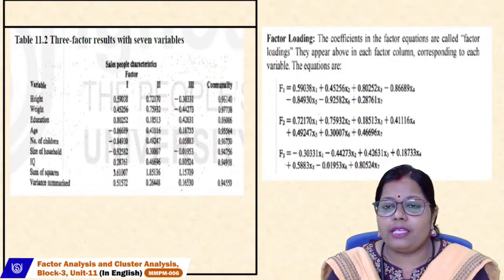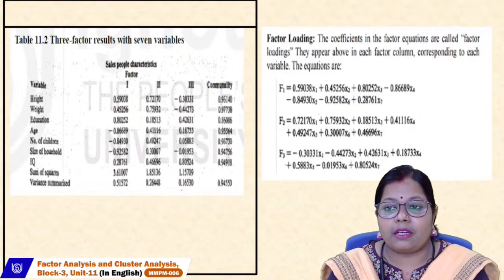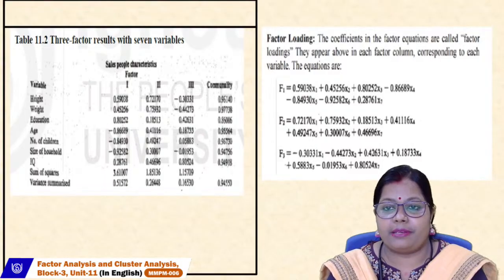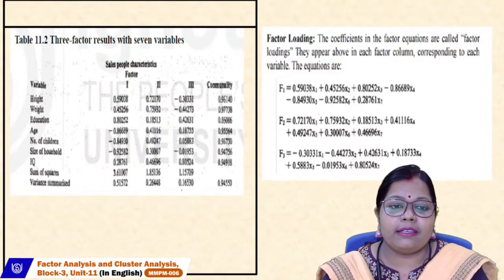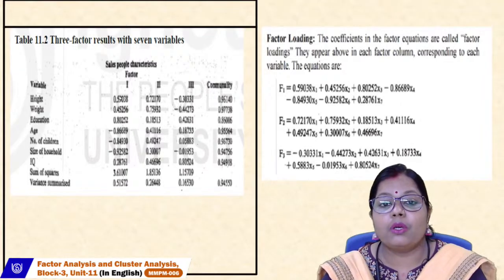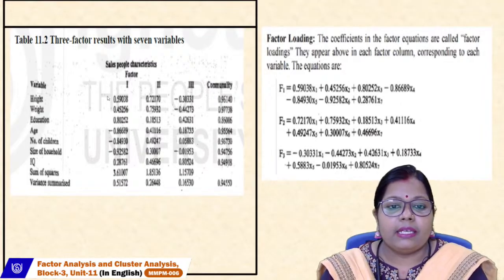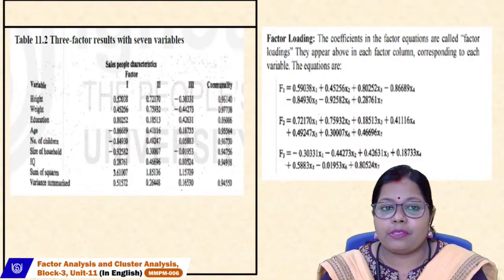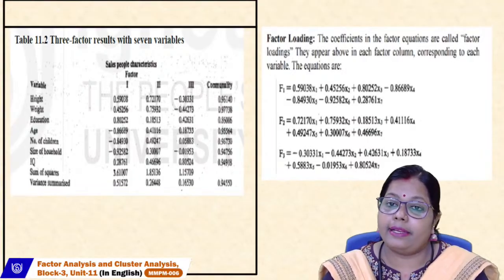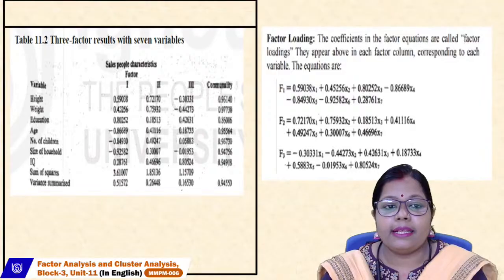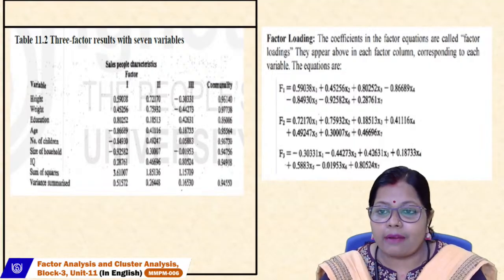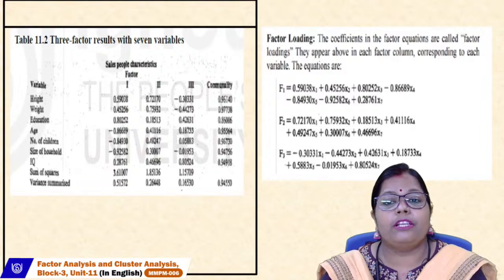The meaning of factor loading is that the coefficient in the factor equation is called factor loading, and they appear in each factor column corresponding to each variable. Factor loading is nothing but the correlation between these variables, how they are related, whether highly related or not, which we have determined and cited here. On the basis of factor loading, we have divided the variables into three factors.